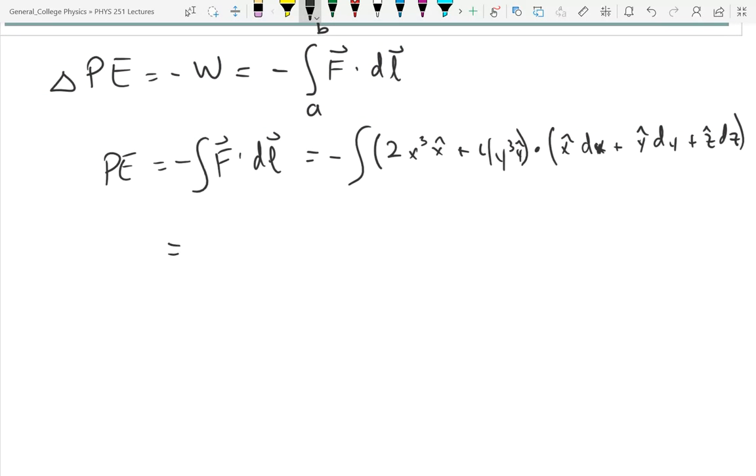So since the x hat is only parallel to x hat, this becomes the integral of 2x cubed dx, put the minus sign out there, put a parenthesis, plus 4y cubed dy. And I'm not going to put plus 0 dz. It doesn't make sense to put plus 0 dz.